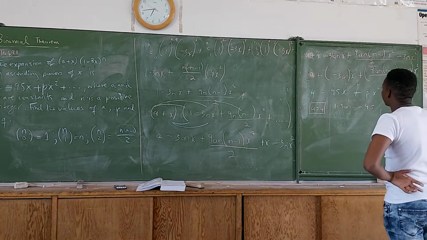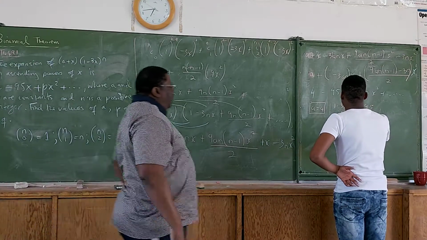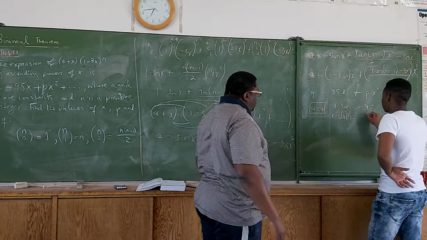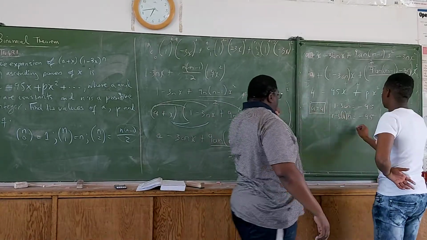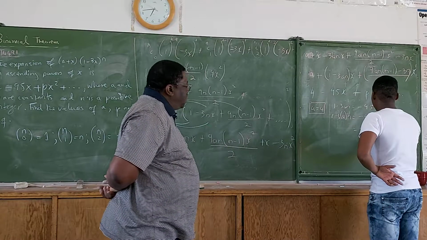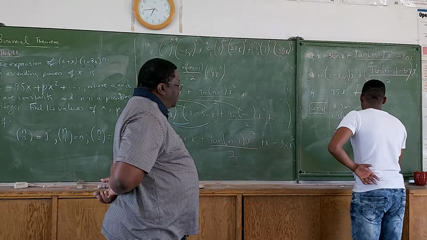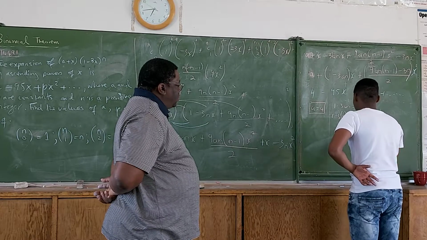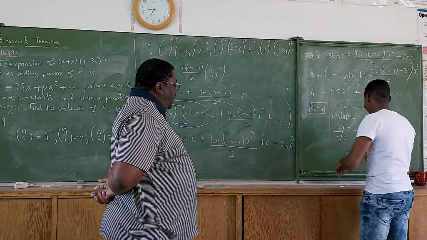Now put the value of 4 in A. 1 minus 3 times 4 in 95. Take the 1 over, minus 96, and the minus 12.